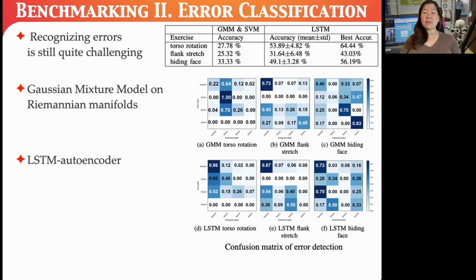Nevertheless, the LSTM classifier is not able to efficiently recognize performed errors for all exercises. This especially explains the lower accuracy obtained for the flank stretch exercise, which you have here.